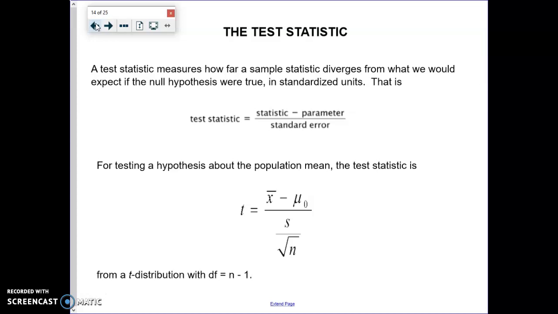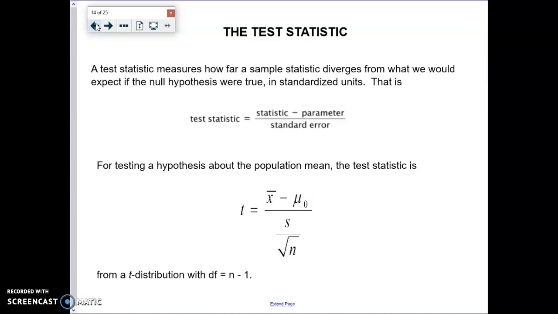It's telling you how many standard deviations or standard errors away you are from what the null hypothesis is saying the value should be hypothesized to be. And it measures that in standardized units. So, the test statistic for any type of hypothesis test for any population parameter is equal to your sample statistic minus the population parameter divided by the standard error, okay?